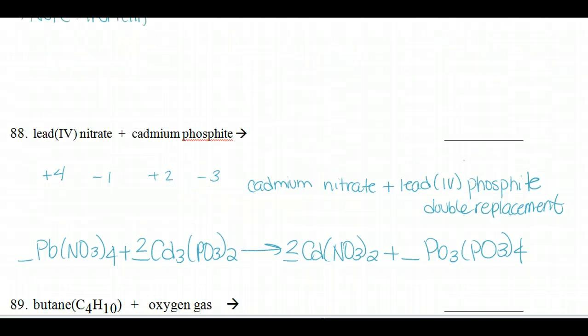And so I'm actually going to get rid of that 2 and make it a 6 to balance out the cadmiums. But now that changes my nitrates. I've got 6 times 2, 12 on this side, and only 4 on this side, so I put a 3 in front. By doing that, now my lead has balanced out and it is all set. It's correct.